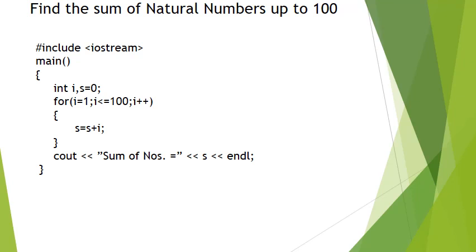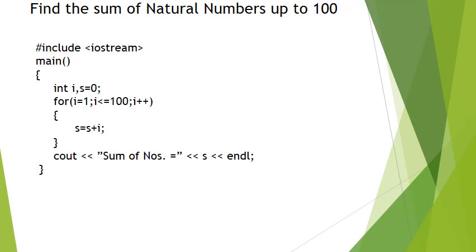We know that the for statement has three sections. The first one is the initialization section. The second part is the condition checking. And the third one is the increment or decrement section. We know that the first natural number to find the sum is 1 and the last number to find the sum is 100. So i is initialized as 1 and the value of i should reach up to 100.